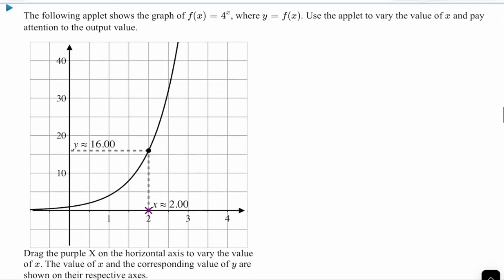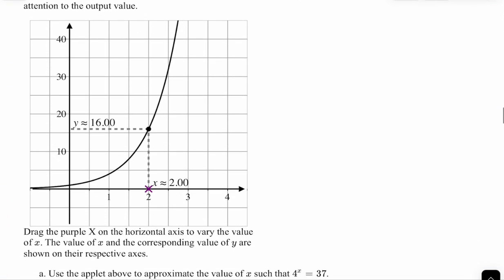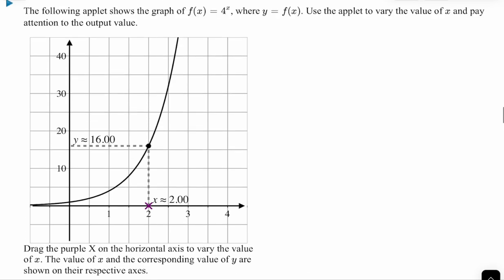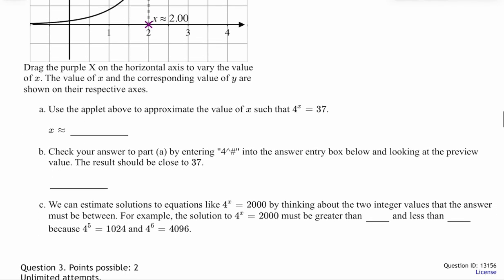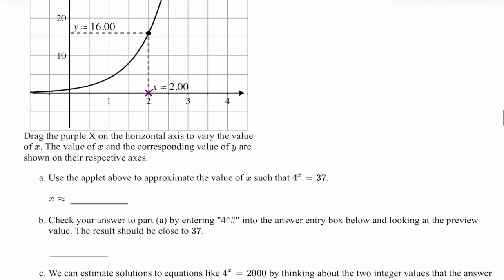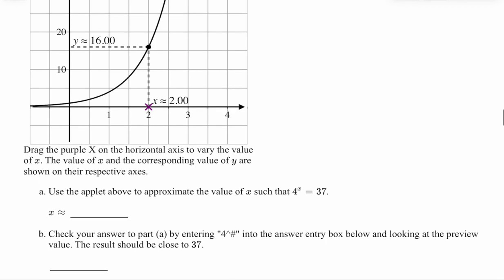Now we're going to scroll one more time. This is y equals 4 to the x on mine. I don't know, is that what yours is? Okay. So it says use the applet above to approximate the value of x such that 4 to the x equals 37. So 4 is our base.